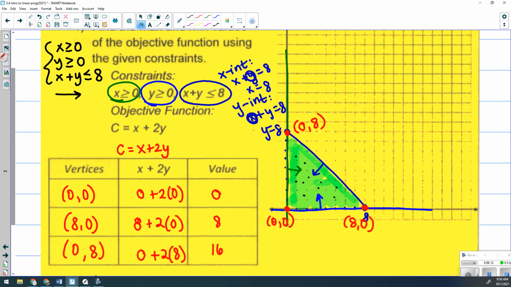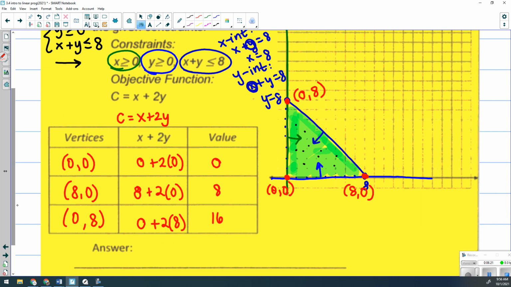So with linear programming, your maximum and minimum values will always happen at the vertices. So to answer the question, how can I maximize the situation? Well, my maximum value will be 16, and it occurs at the point 0, 8.